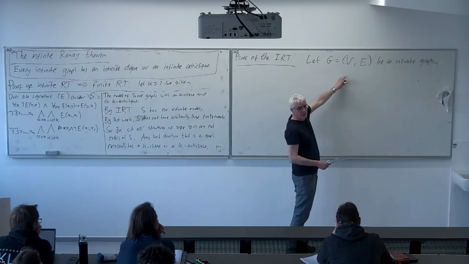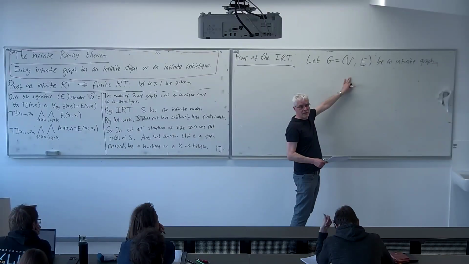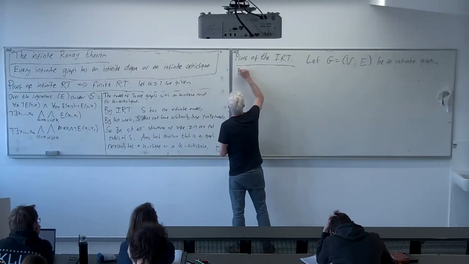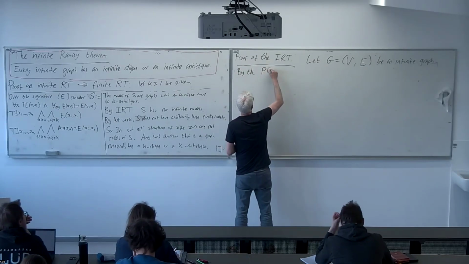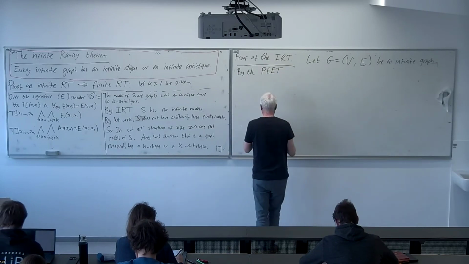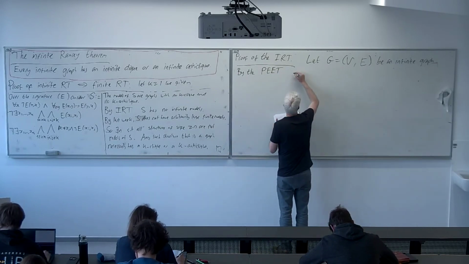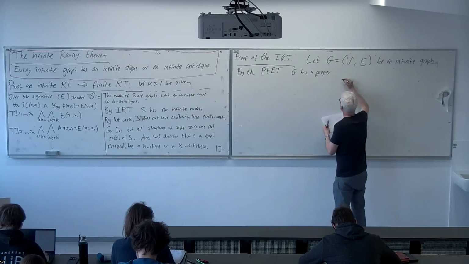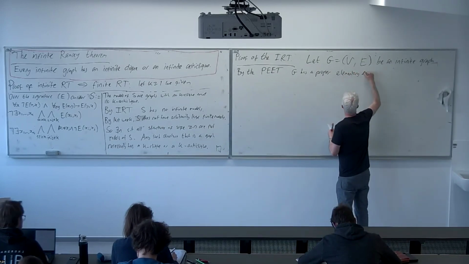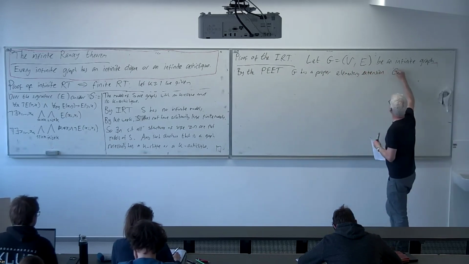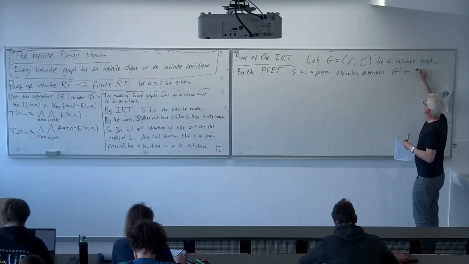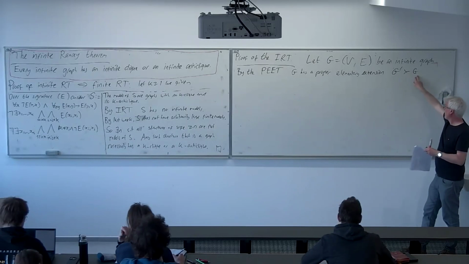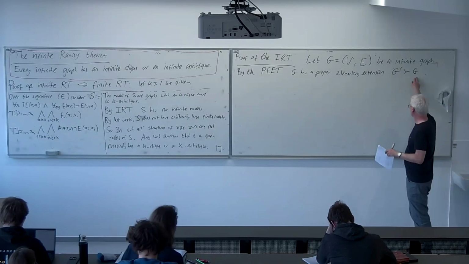So since it's infinite, viewing it as a structure, by the proper elementary extension theorem, G has a proper elementary extension G prime, say. Let's emphasize that it's an elementary extension of G, and it's proper.